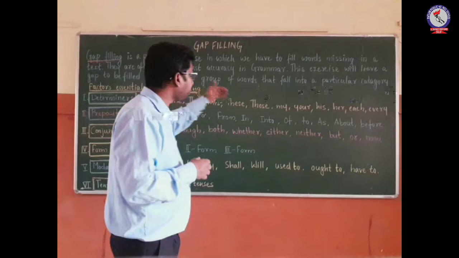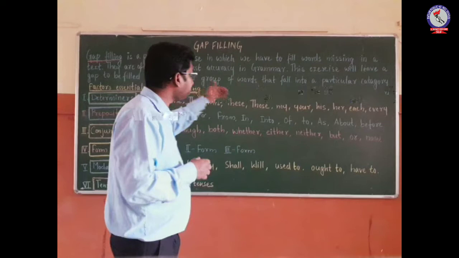The first essential factor for gap filling is determiners. Determiners: a, an, the, that, these, those, my, your, his, her, each, every. Determiners consist of a huge list of words. There are many determiners: article, demonstrative, possessive.